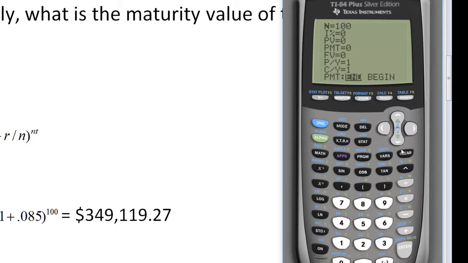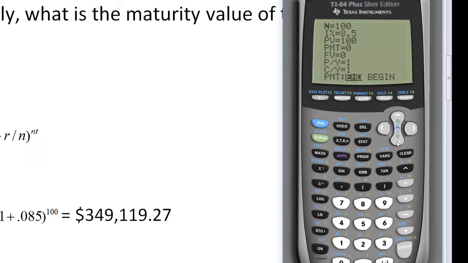And then the interest rate is 8.5, and it's entered in that way. We don't move the decimal over like we did for the formula there. This is set up different. 8.5. And then the present value in this case represents the principal, which is 100.